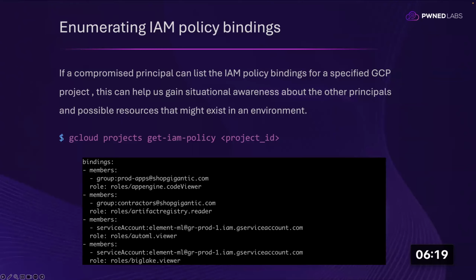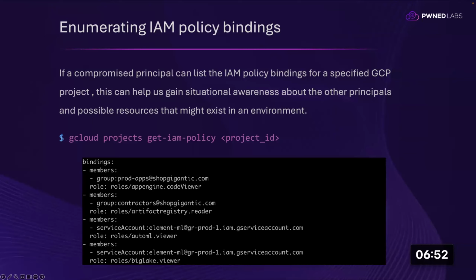Okay, so in terms of enumerating IAM policy bindings, if a principal that's been compromised is able to list the IAM policy bindings for a specified GCP project, this can help us gain situational awareness about some of the other principals that have been given permissions in an environment. So cloud projects, the method getIamPolicy, and then we specify the project ID there.